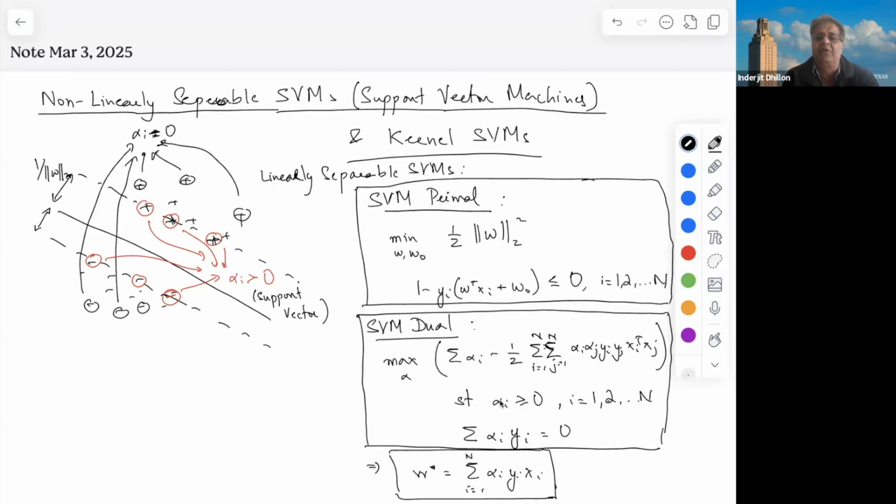It is just a negative inequality constraint, and there's just one equality constraint, as opposed to these more complicated n inequality constraints. It turns out that in many cases this problem ends up being quite a bit easier. There's also another reason, at least from this figure, though this figure is not representative of a non-linearly separable SVM.